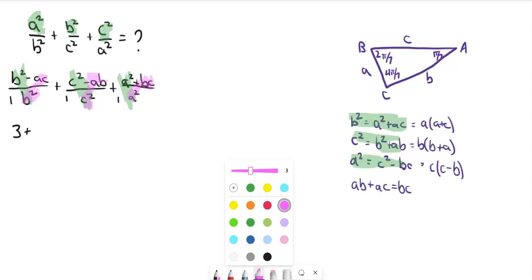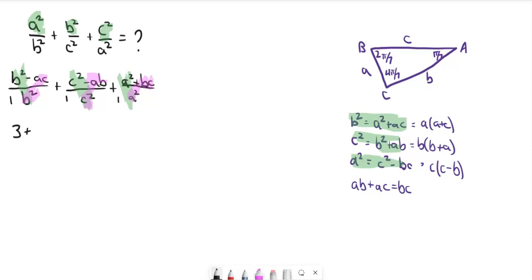Let's do this in the proper order. Let's erase this and put it in the proper order: minus ac over b squared minus ab over c squared plus bc over a squared.